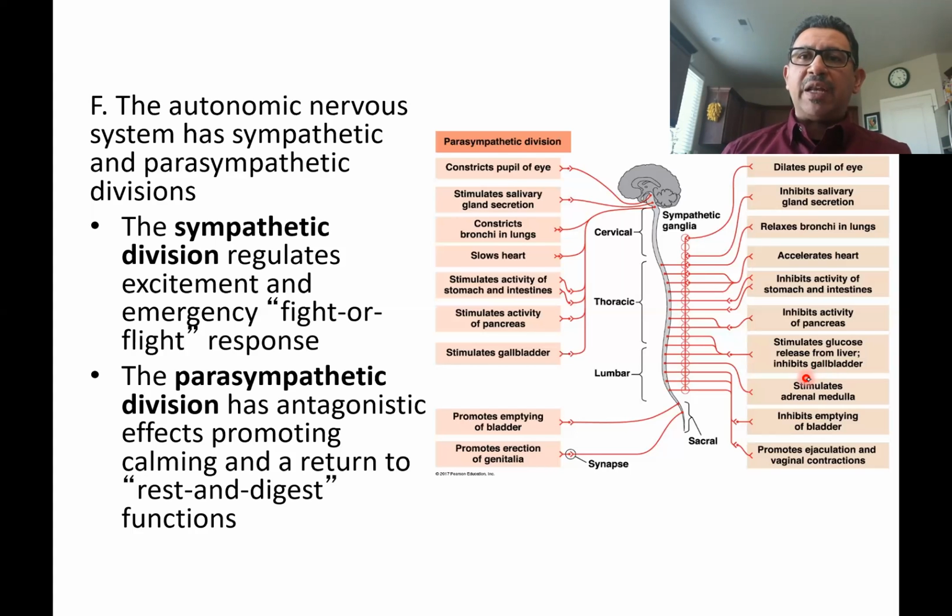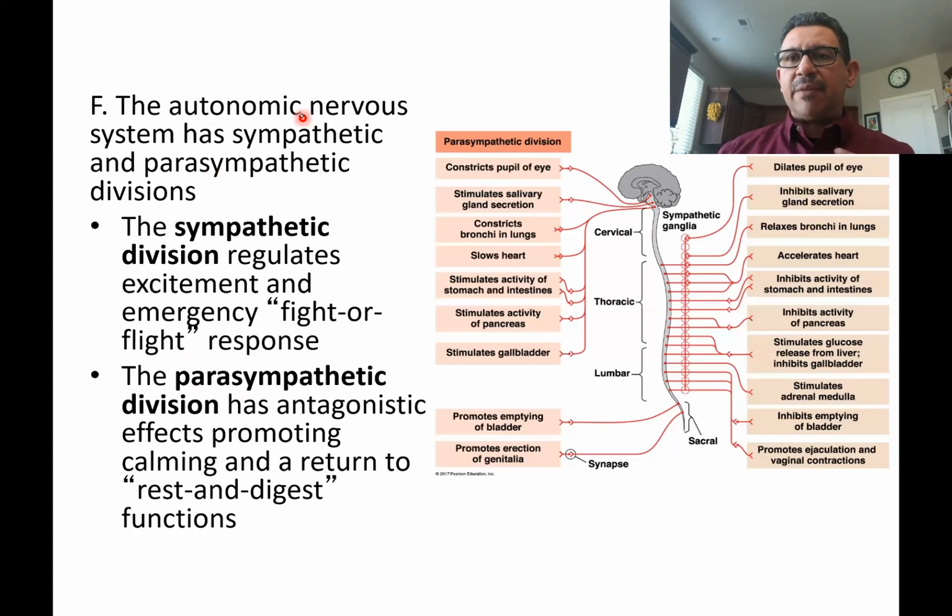And what will help your body go back to a normal, calm situation is going to be the actions of the nerve cells in the parasympathetic division of the autonomic nervous system. These are going to be antagonistic, meaning the parasympathetic division does the opposite. It antagonizes what the sympathetic division of your autonomic nervous system did.